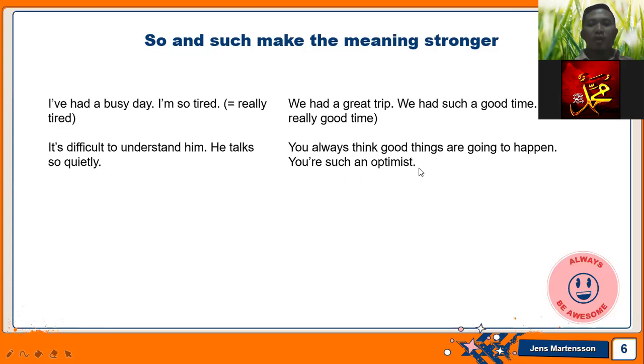You are an optimist, rather than you are such an optimist. Which one is stronger? You are such an optimist or you are an optimist? You are such an optimist. Yes, it makes the meaning stronger when you use so and such.